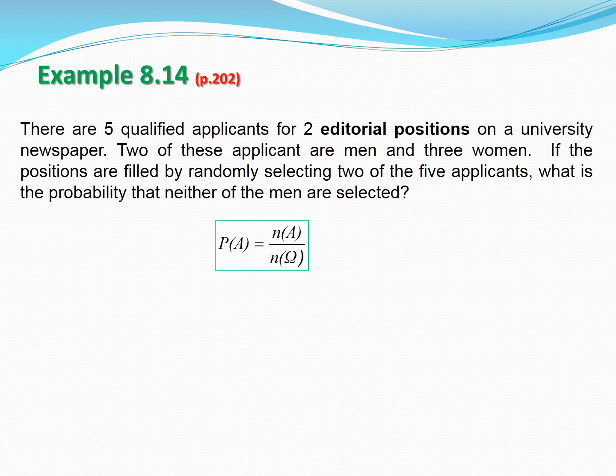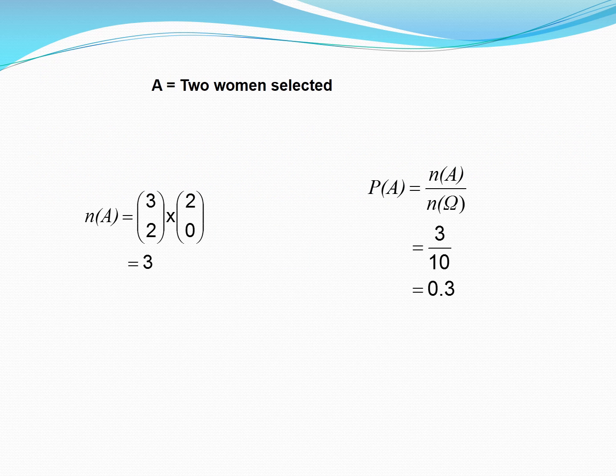So N is going to be 5, R is going to be 2. So we want to determine N combination R, so 5 combination 2, and that will give us 10 outcomes in total. We can define event A then as the event that 2 women are selected, so no men will be selected.